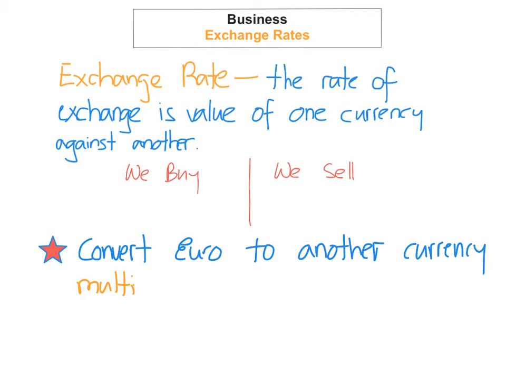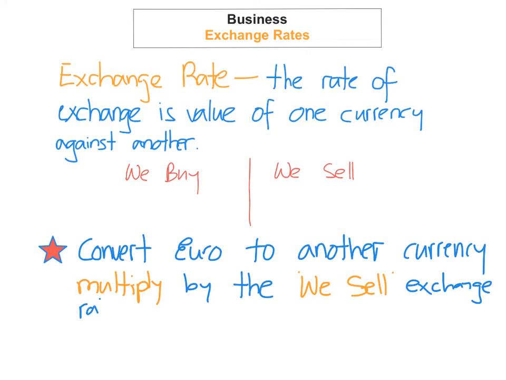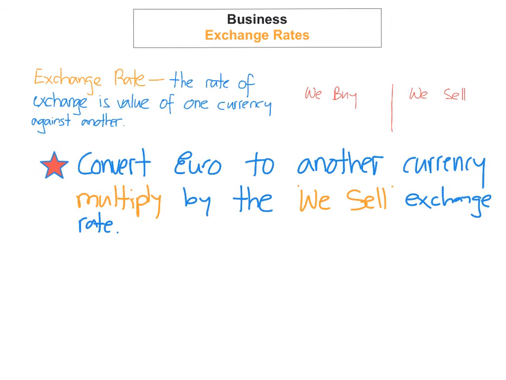You multiply by the we sell exchange rate. So as you can see, if you convert euro to any other currency, you multiply the amount of euro that you have by the we sell exchange rate that the bank is giving you.